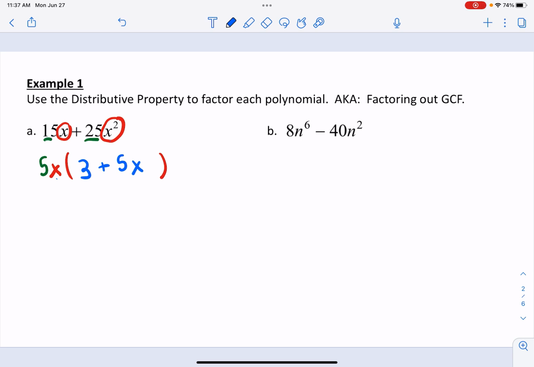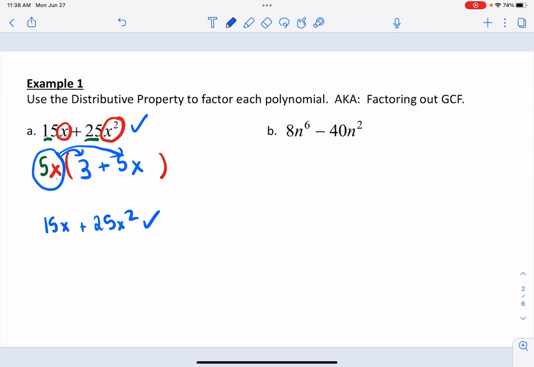So what you can always do is distribute this back through. So this would be your full answer, but always check your work. If I distribute that back through, I should get what I had up here, which I do.